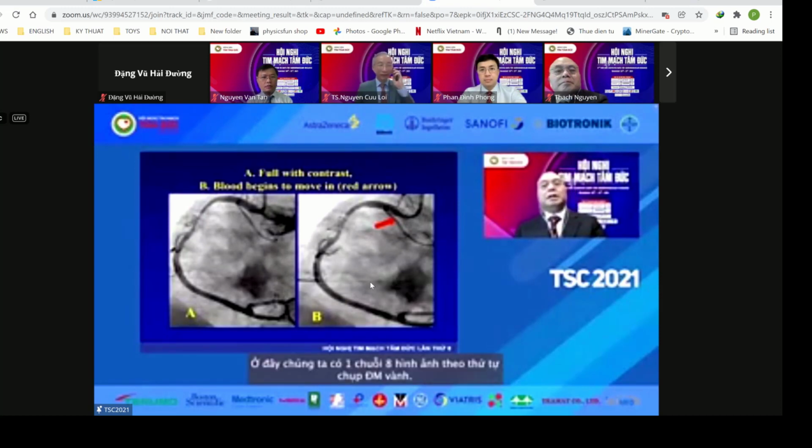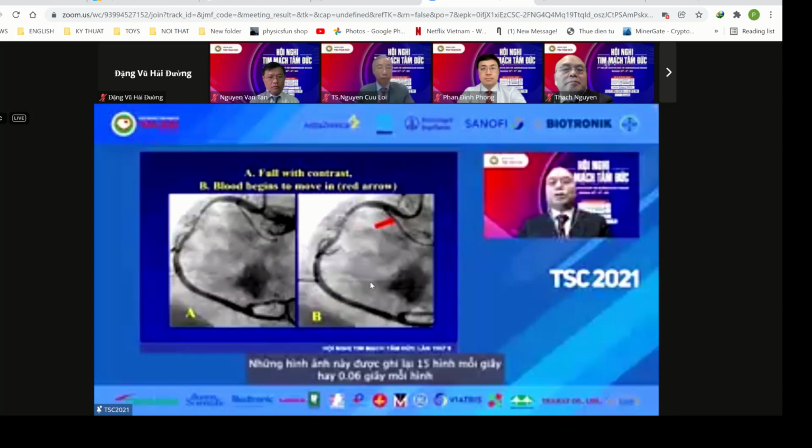Here is a series of eight coronary angiogram images, recorded at 0.06 seconds per image. In image A, the artery is fully filled with contrast, in black.